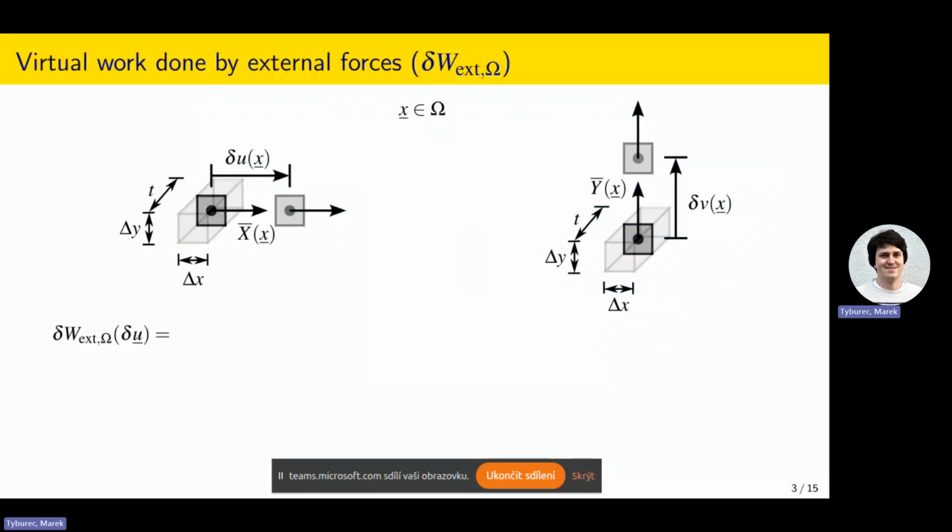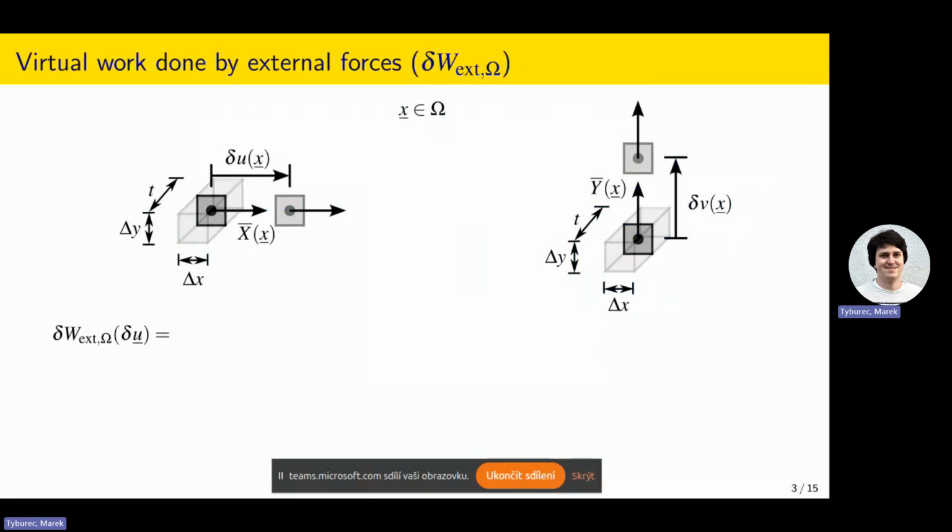Again, these are the virtual displacements, multiplied by x over line x and y over line x, over omega. So that's the result for the energy, the virtual work done by the body external forces. Is this clear?